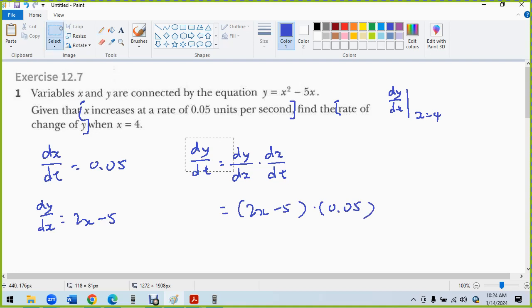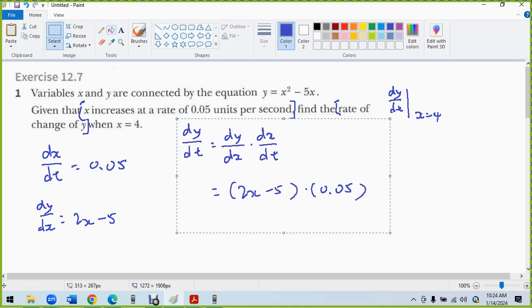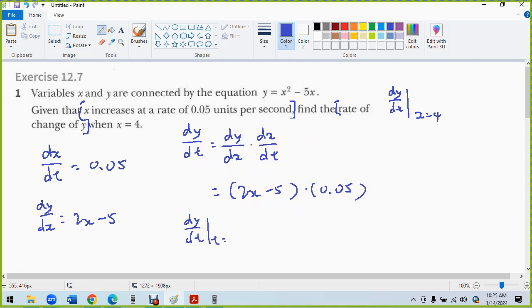We want dy/dt when x equals 4, so this becomes (2 times 4 minus 5) times 0.05. So we have 0.15 unit per second.